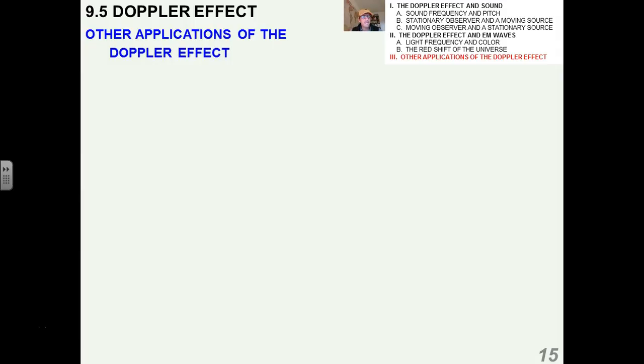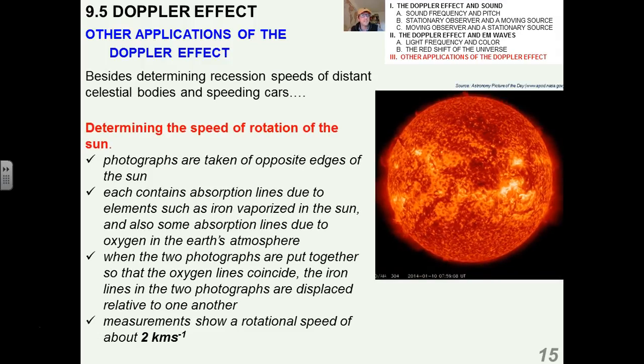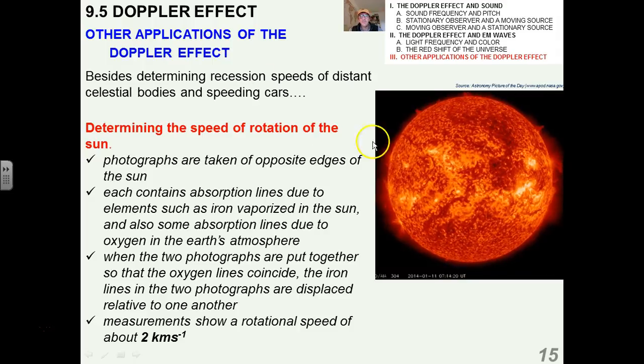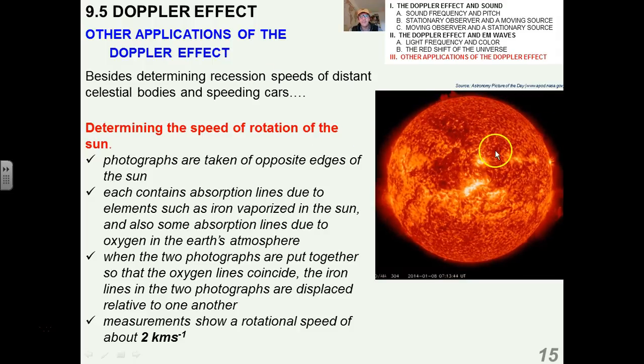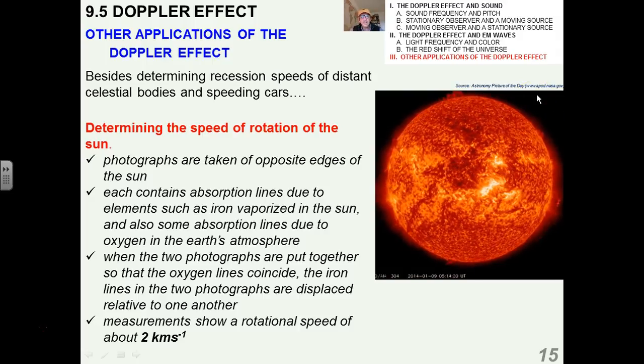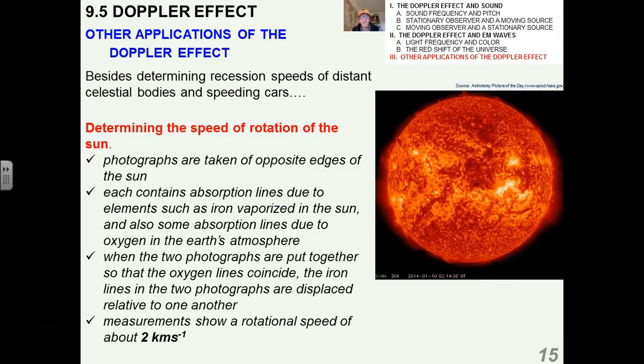Okay, some other applications of the Doppler effect to round out this now long video, which is now over 20 minutes. Sorry for that. Okay, besides determining recession speeds of distant celestial bodies and speeding cars, we can do things like determine the speed of rotation of the sun. And what we do is we take photographs of the opposite edges of the sun. Okay, each contains what we call absorption lines due to elements such as iron, which are vaporized in the atmosphere of the sun.